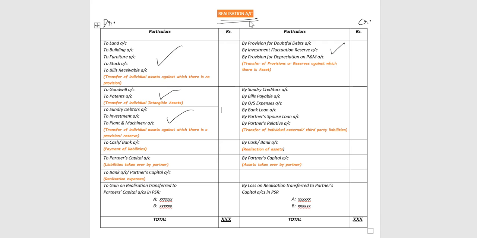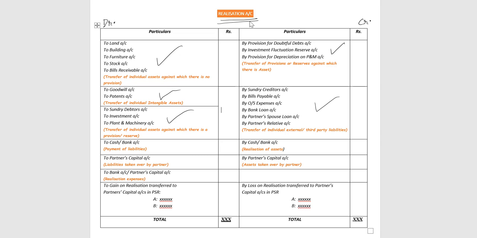It could be investment fluctuation reserve, which is a reserve created for the purpose of investments, or a provision for depreciation on plant and machinery created for the purpose of depreciation of plant and machinery. So these provisions and reserves have to be transferred to the credit side of the realization account.